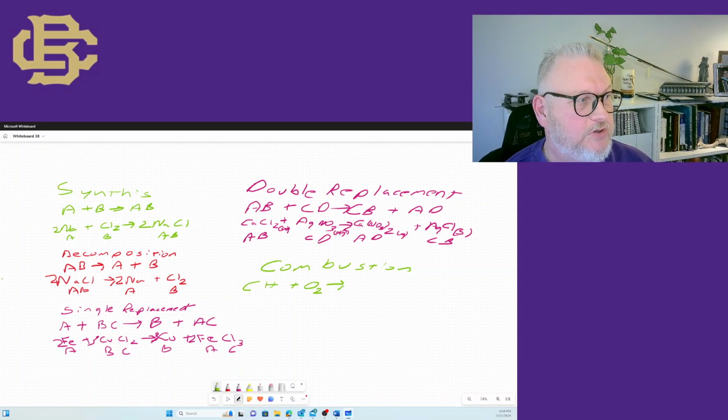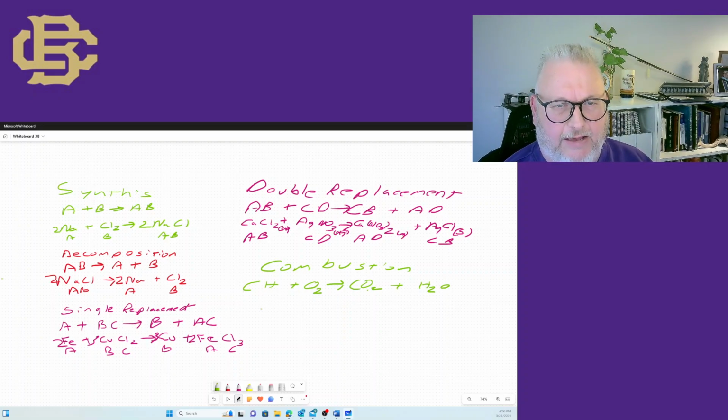Always it's going to produce two products. Your products are going to be carbon dioxide and water. And I say always, that's one of those rules of chemistry, and then there are exceptions. If you got carbon dioxide and water as your products, and one of your reactants is oxygen, guess what you got? Combustion. So let's look at one.